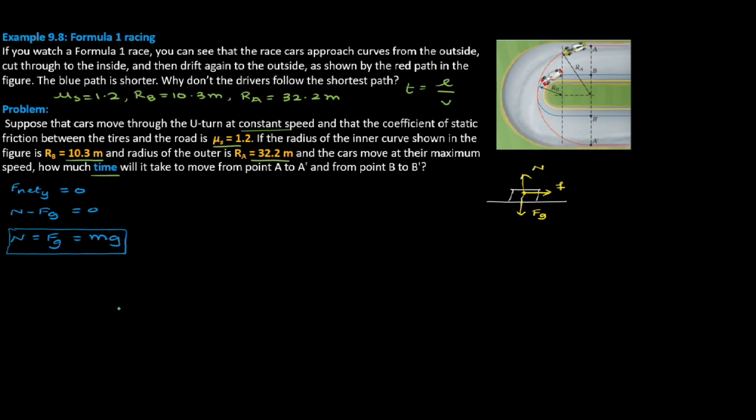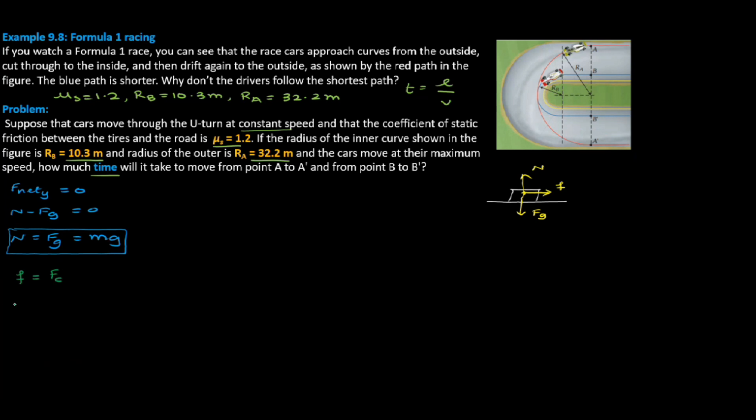We do the same thing for forces along the x-axis. The force of friction points towards the center of the curve, and it is the force of friction that is providing the required centripetal force to keep the car along the circular path. So along the x-axis, we will equate the force of friction to the centripetal force Fc.